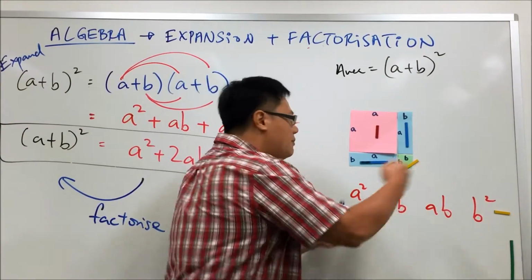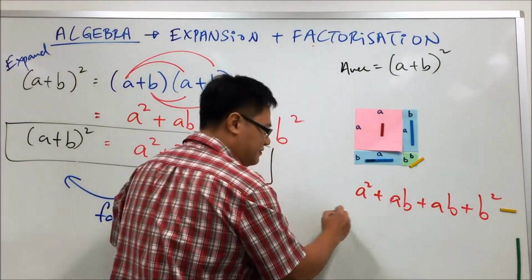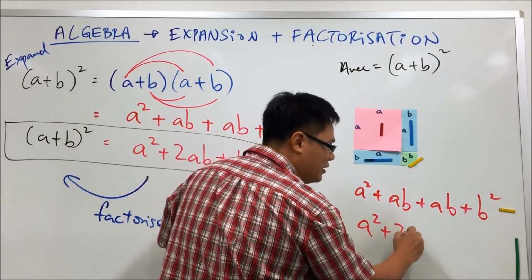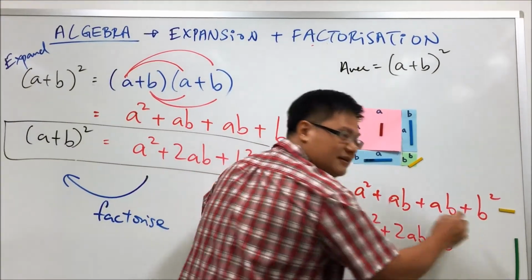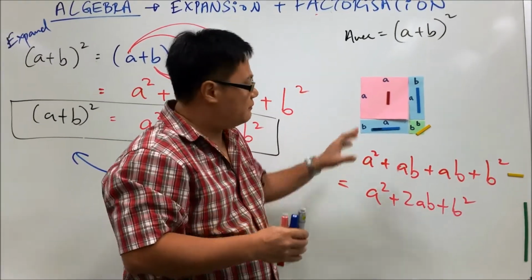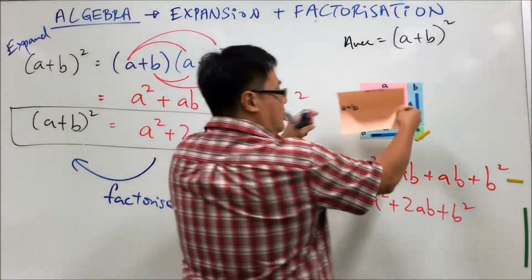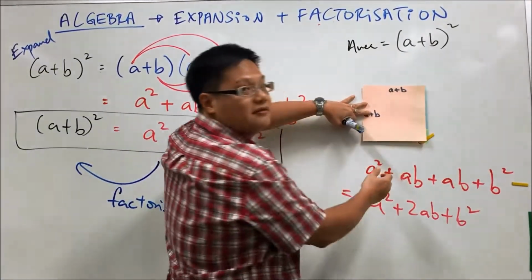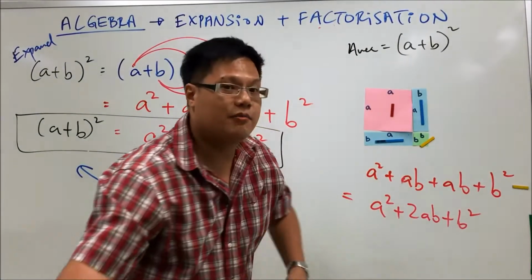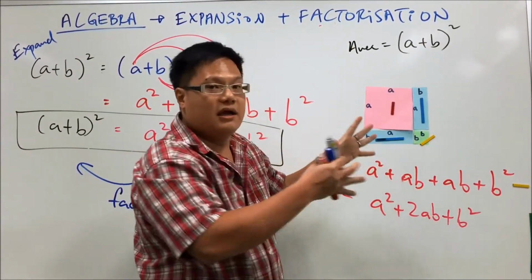If I sum up all these little parts, wouldn't I have A squared plus 2AB plus B squared? If you look carefully, the sum of all these little parts is the area of the actual square itself. This brings us to the understanding of where this whole thing comes from.